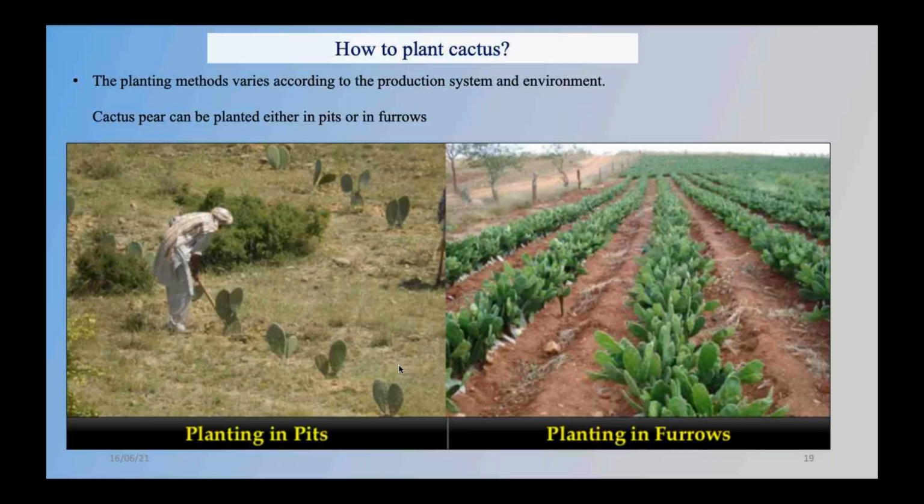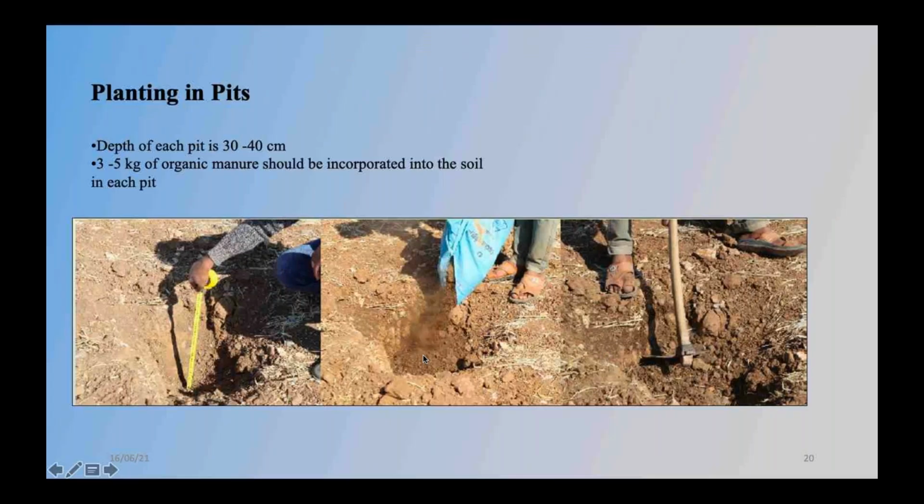This cactus can be planted either in small pits or in furrows. If you make a pit, make it around 30 to 40 centimeters deep. Make sure it is not a low-lying area, because water must not stagnate there in the field. If you have compost or any kind of manure, you can incorporate it while planting. But if you don't have it, it's fine too.